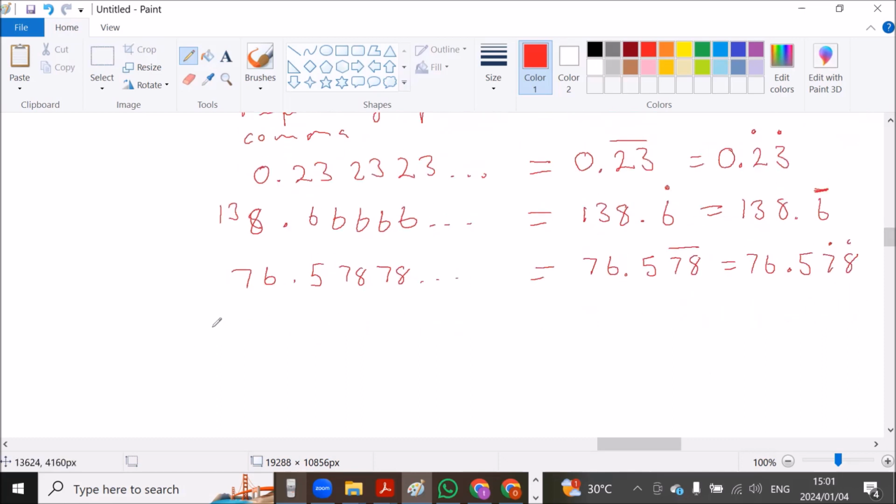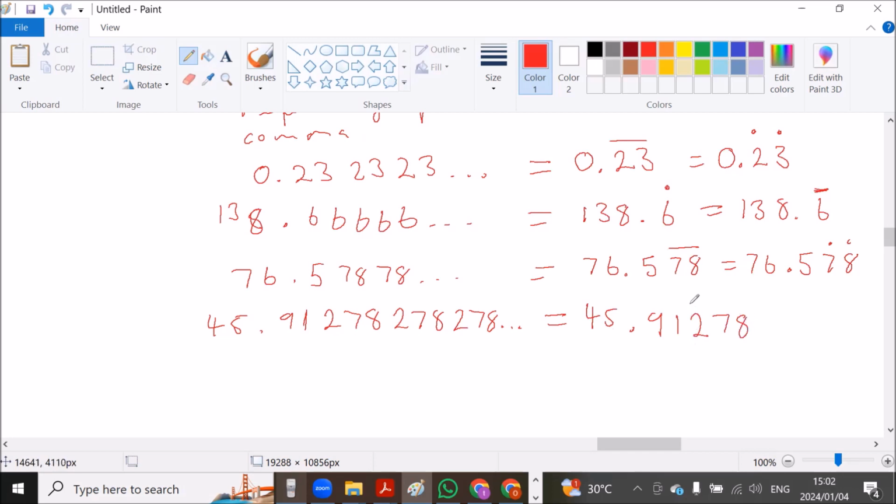Another example, 45.91278278278. We see this repeated pattern going on and on. This will be equal to 45.91278.